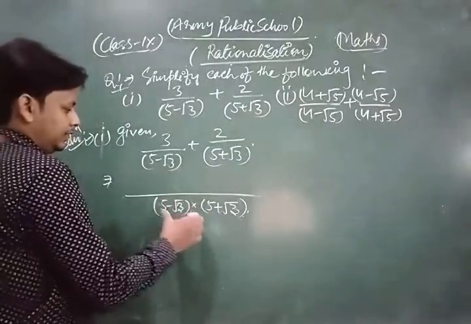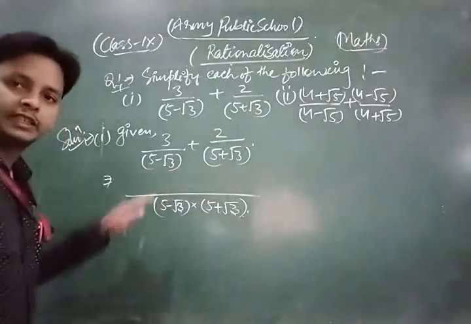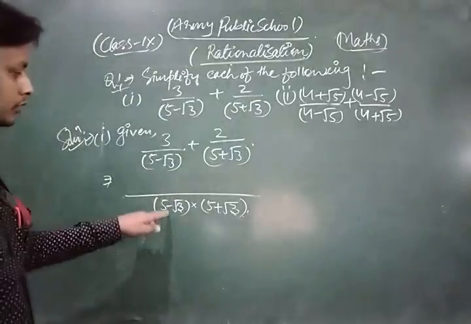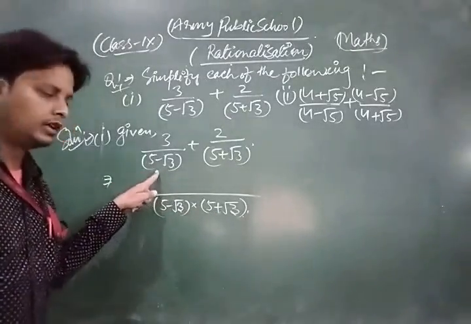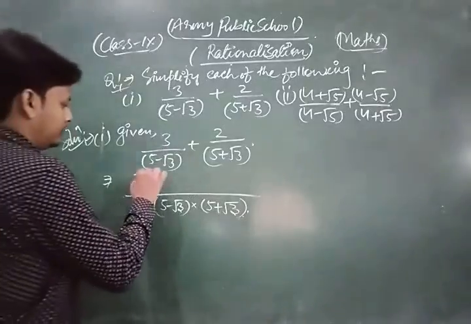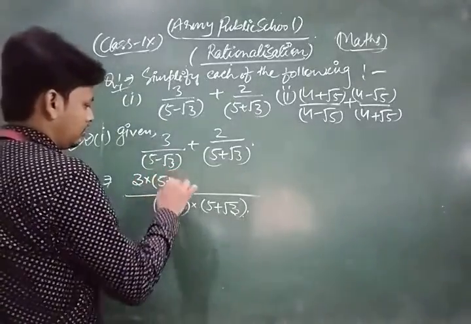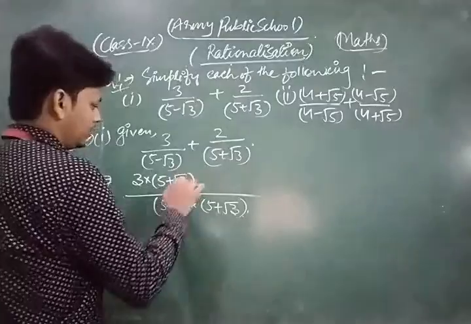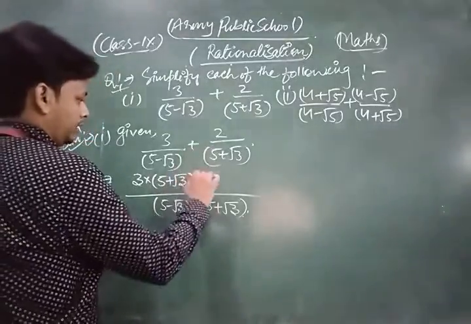Now if we divide the LCM by the first denominator, 5 minus root 3 cancels, and we get 3 into 5 plus root 3 plus.